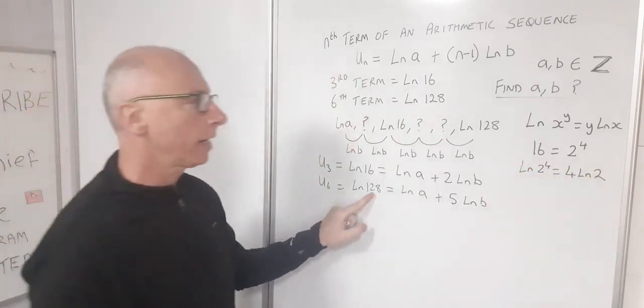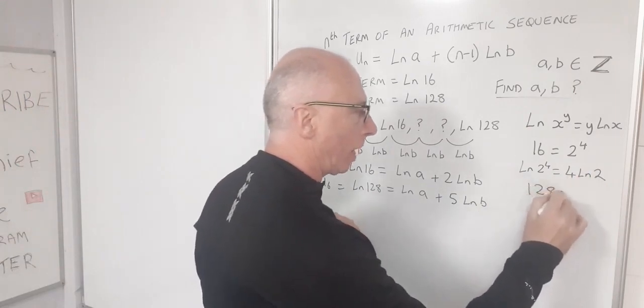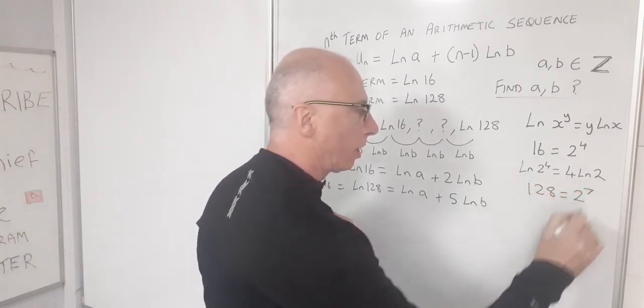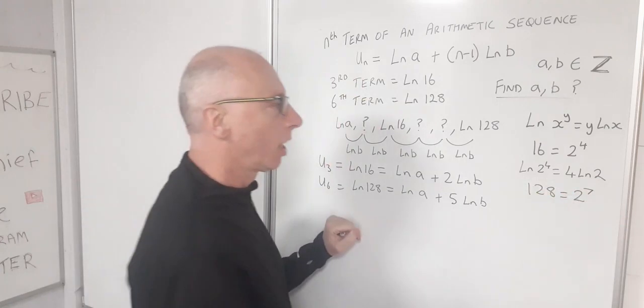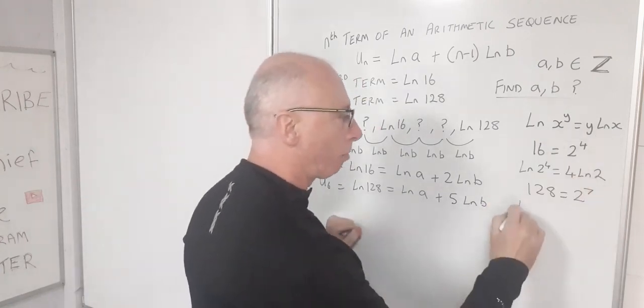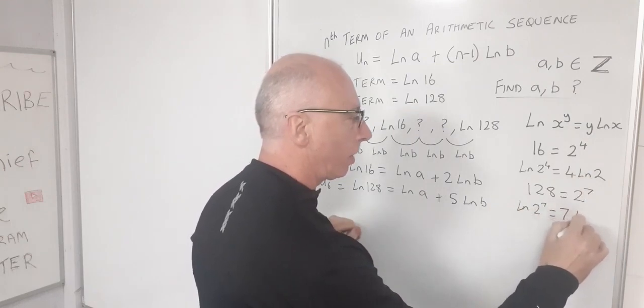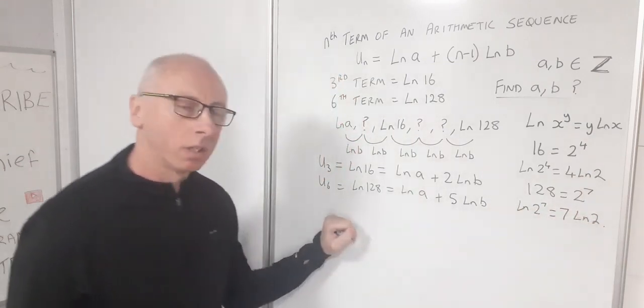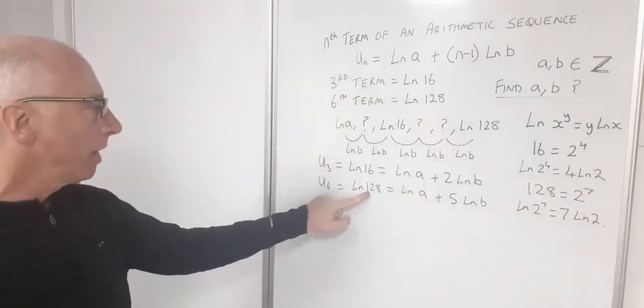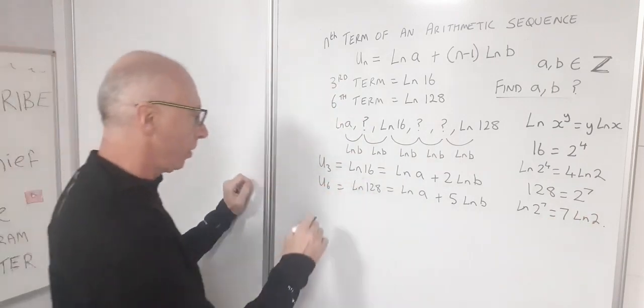Same here, 128. 128 equals 2 to the power of 7. So bringing that into our log property, log of 2 to the 7 is the same as 7 log 2. So let's translate these and let's put the biggest one first.